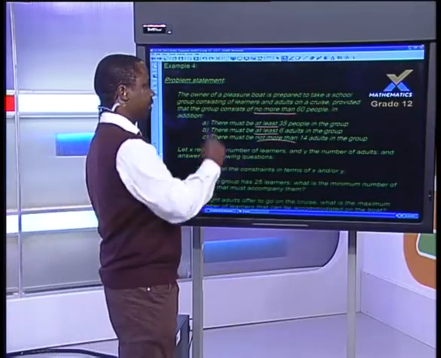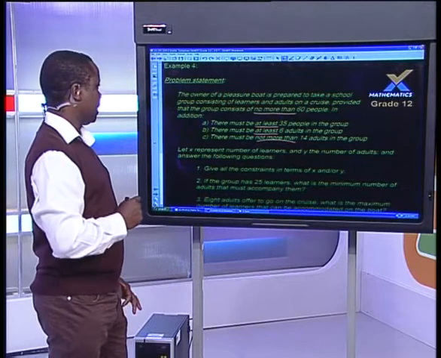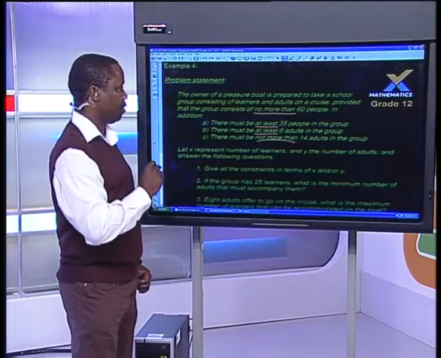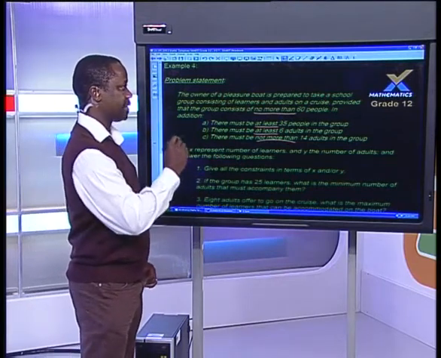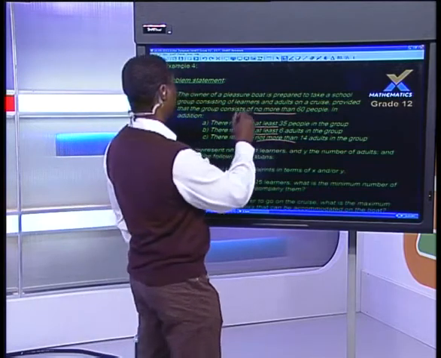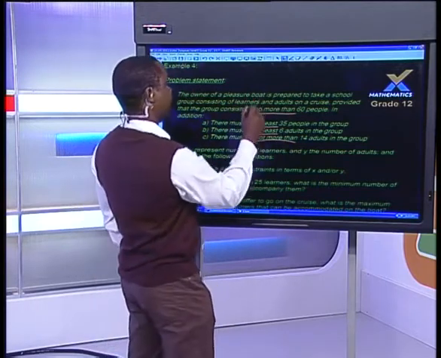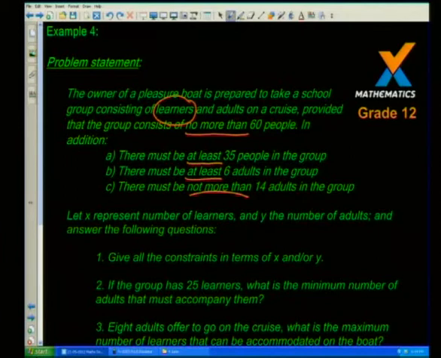All right, so we did say that this group of people is made up of learners and adults. Now, they are suggesting that we let learners be represented by X and adults be represented by Y.